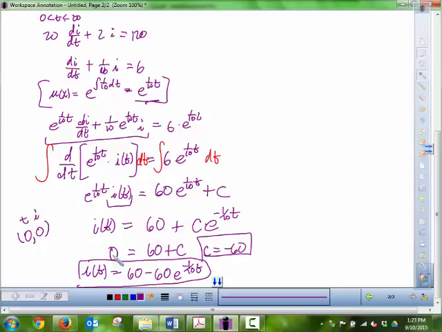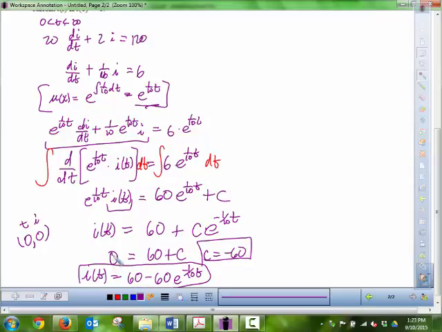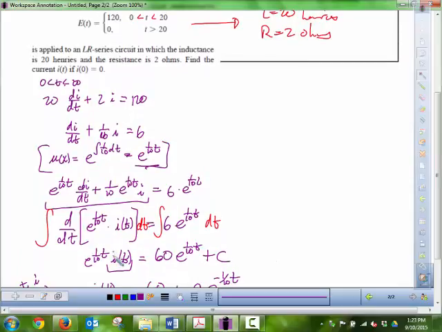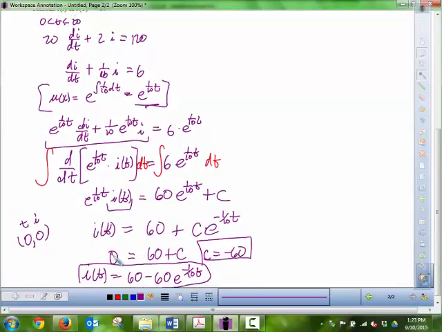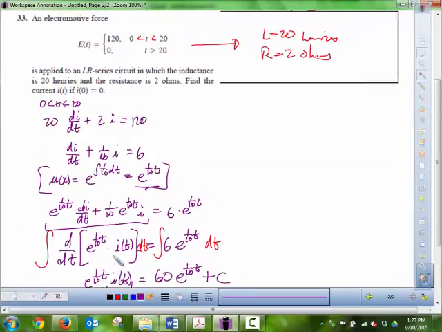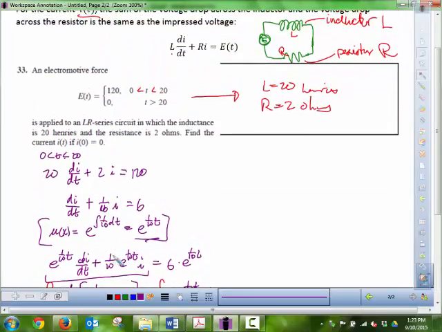All right, so that's the first part. Now, this is a piecewise function, and we've only dealt with this from 0 to 120. So after 2 minutes, what's going to happen? They turn off the voltage. So what's going to happen to the current then?